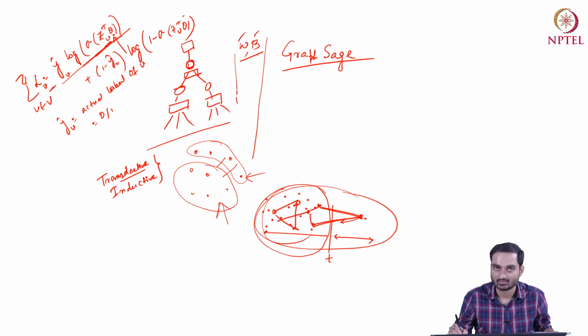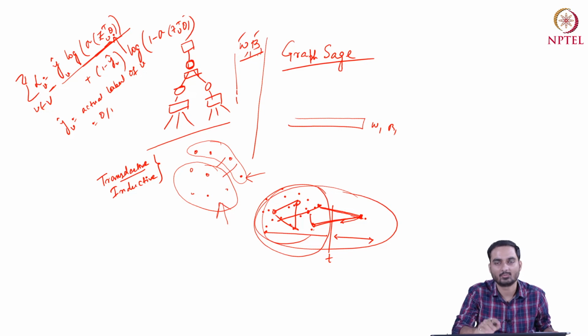Now, for this node you basically get a computational graph. You know that for the computational graph for layer 1 this is W1 B1, you already got it, and W1 B1 is the same across all the computational graphs.